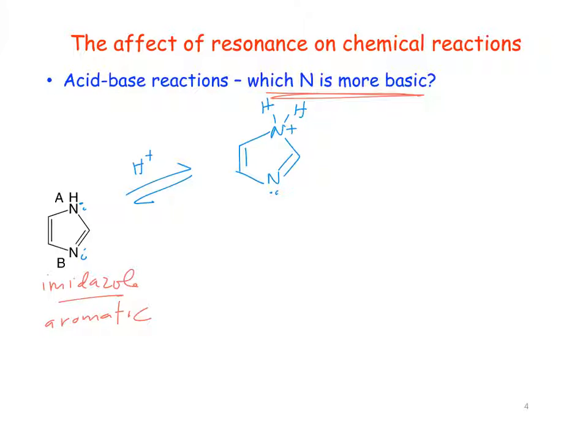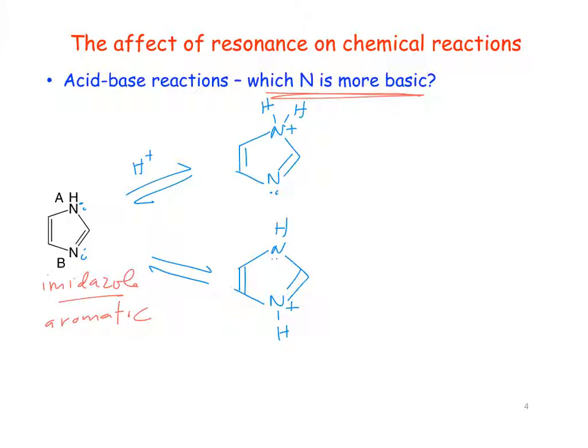Okay, so this is one conjugate acid. Remember, if we're making a conjugate acid, we always add a proton. If we add the proton to the other position, we're going to put an H here with a plus like that. What about this structure?